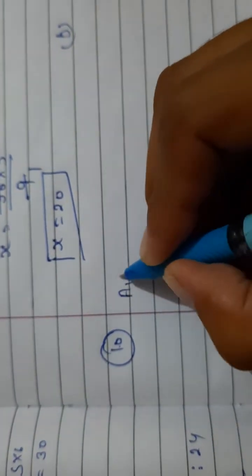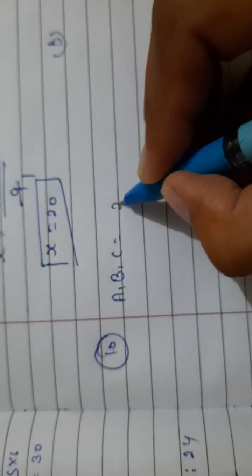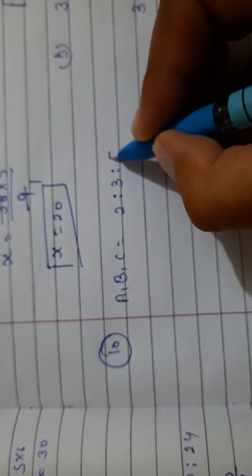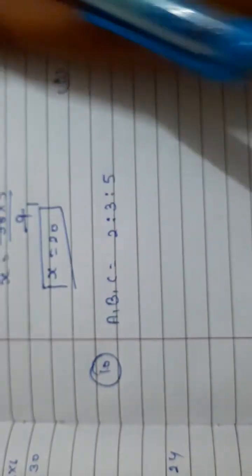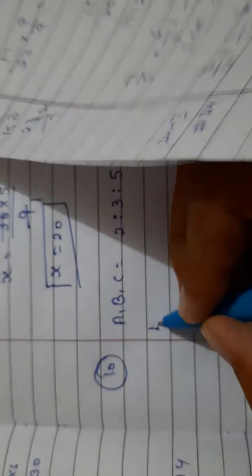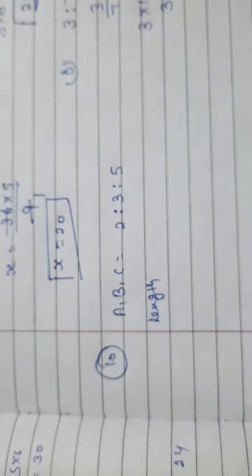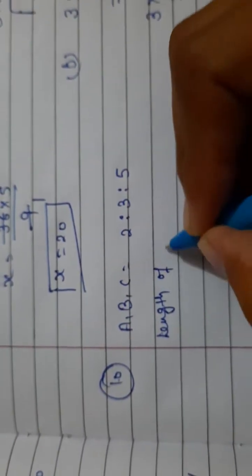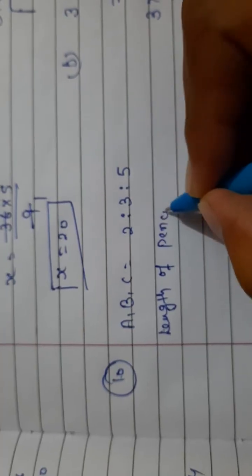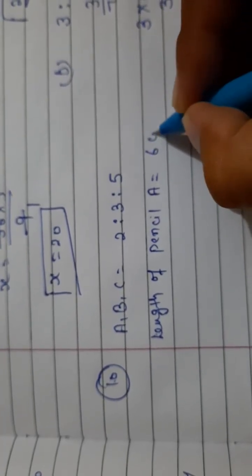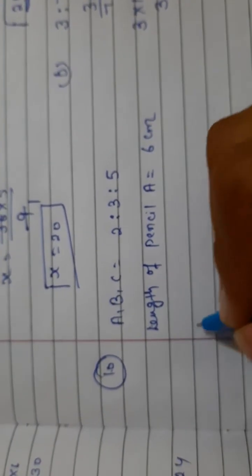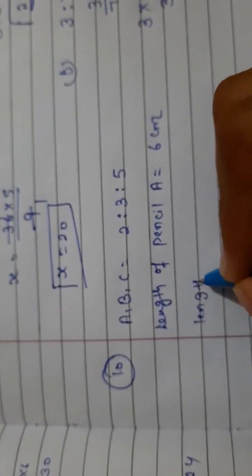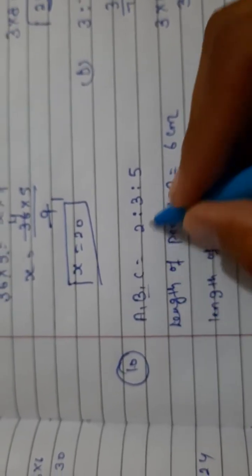Ratio given of ABC is 2 ratio 3 ratio 5 and the length of pencil A is given, 6 cm.